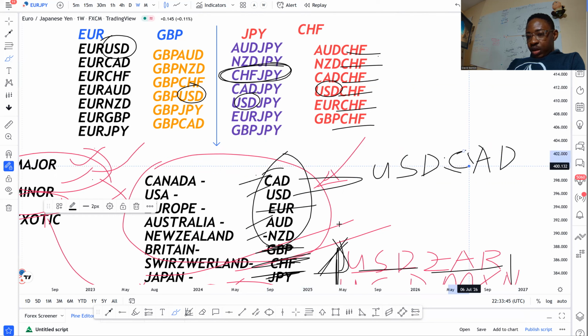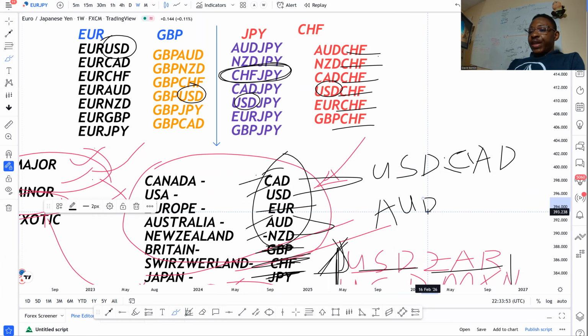And then if you pair the Australian dollar and the New Zealand dollar, it is Australian dollar first, which will be the first team or the bull team. And the New Zealand dollar will be the second team. So AUD, NZD.